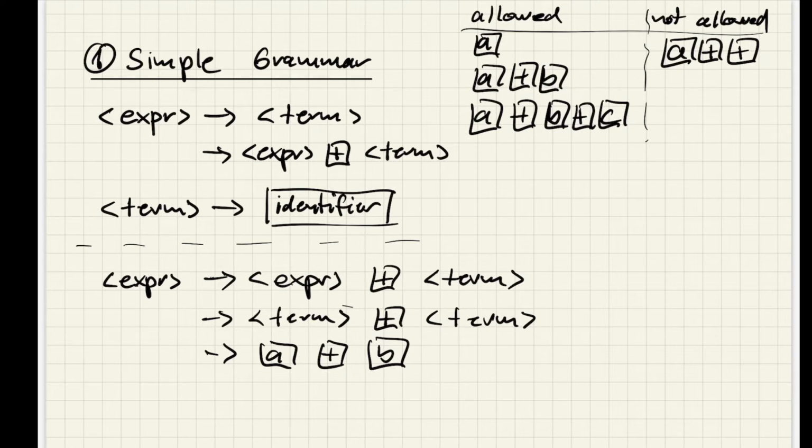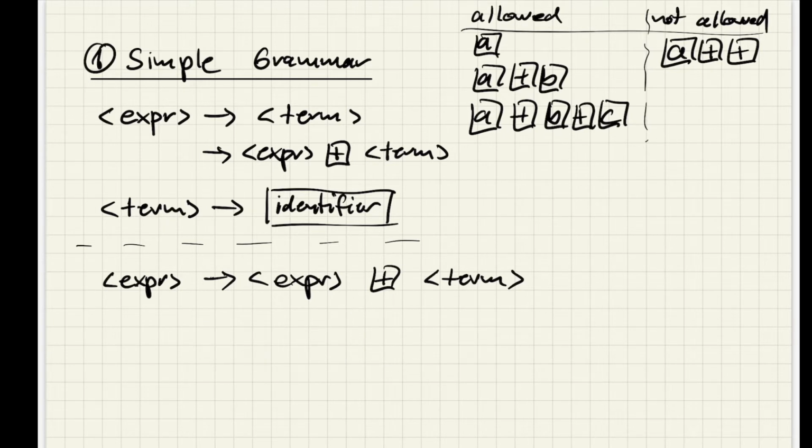Let's check out this expression. And there I could have expanded, after this first expansion, this expression again with this second rule here. And then I would have gotten in a second expansion an expression followed by the plus token, followed by a term, followed by a plus token, followed by a term.